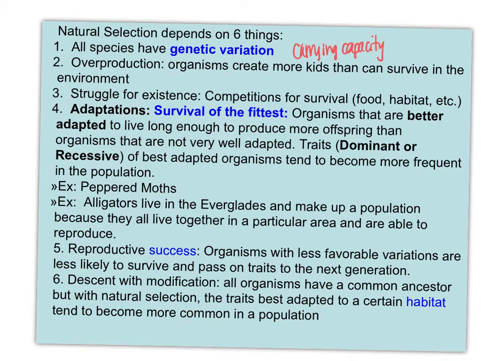So if you only have enough food for 100, and you overproduce more than 100, then some of them are going to die. And the ones that are least adapted are going to be the ones that die. Third is struggle for existence, competition. Okay, we have to compete for survival. And that competition can include food, habitat, water, mates.